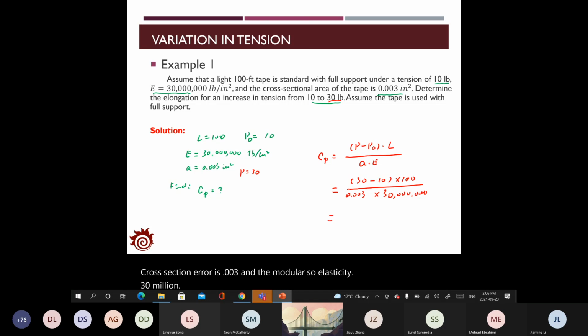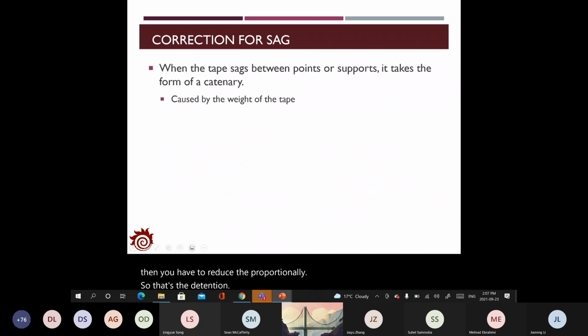With that, we have the correction of the tension as 0.022 feet. So that's the correction for the 100 feet measurement. And if it's shorter, then you have to reduce it proportionally.